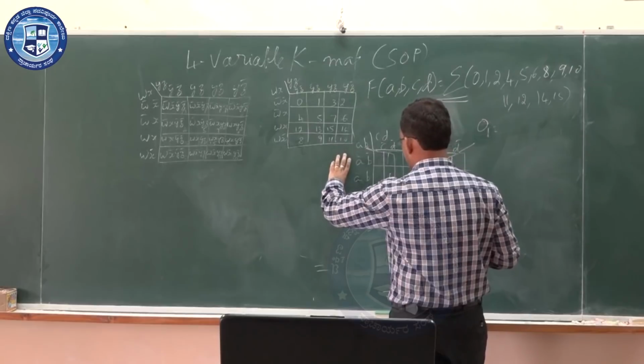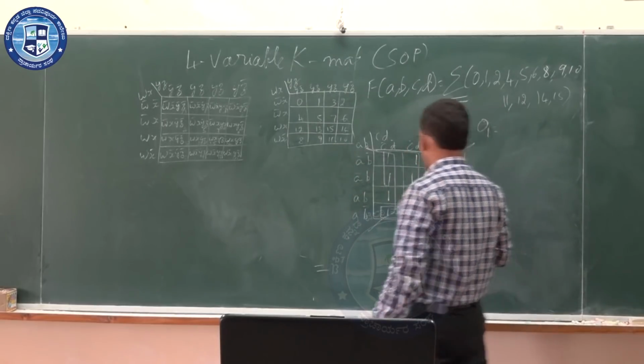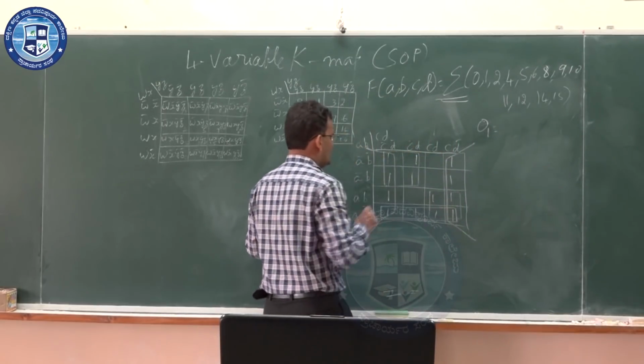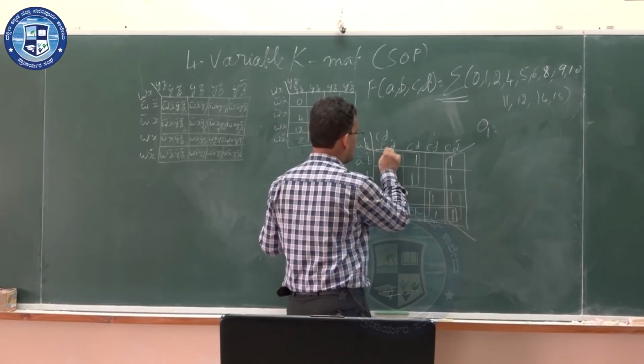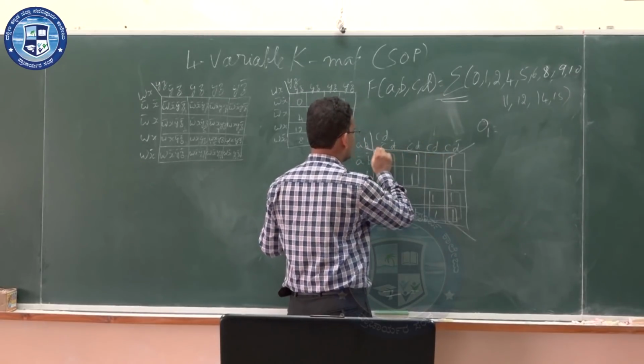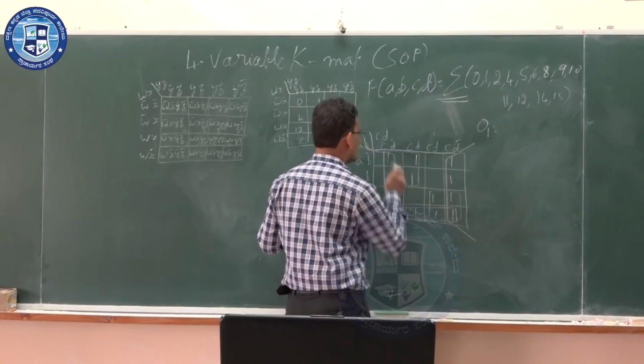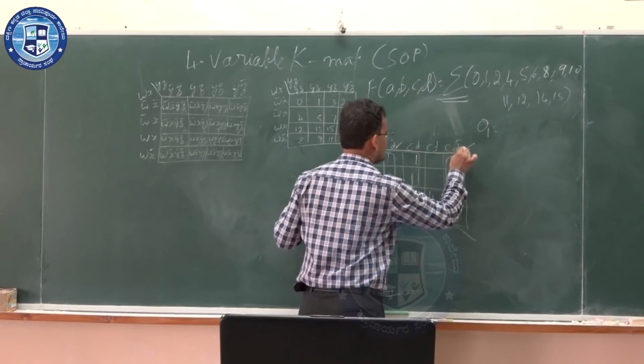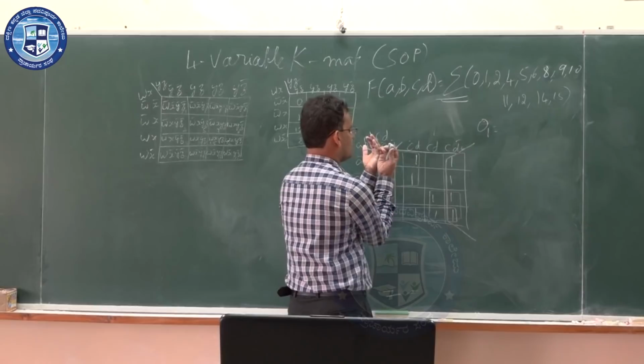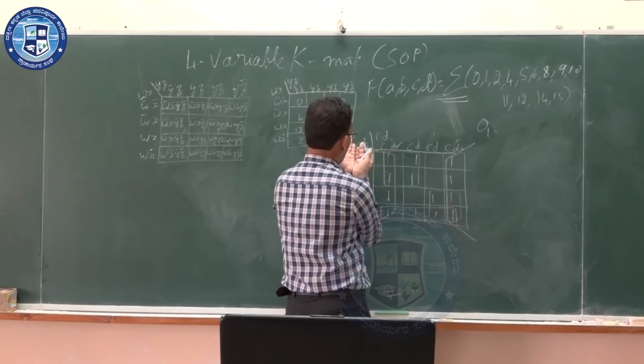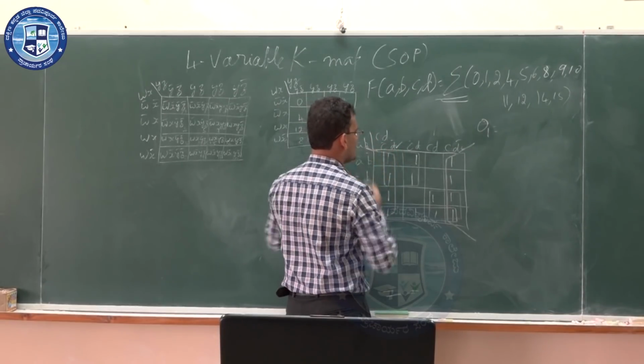Now, here in this case, when you map here, first see C bar D bar and C D bar. These are the 2 things you have to see, because when you map it, it becomes one octet.